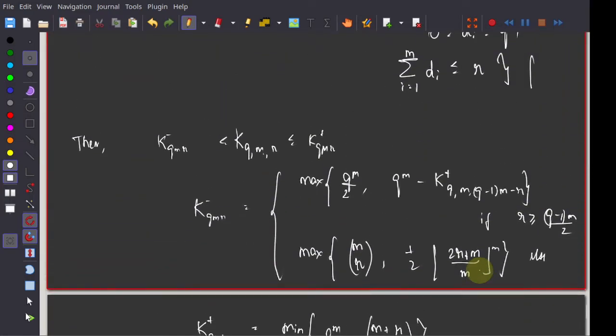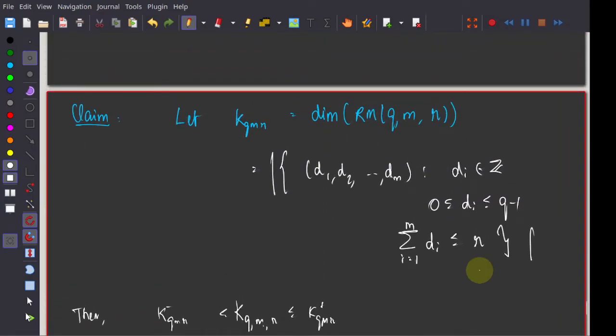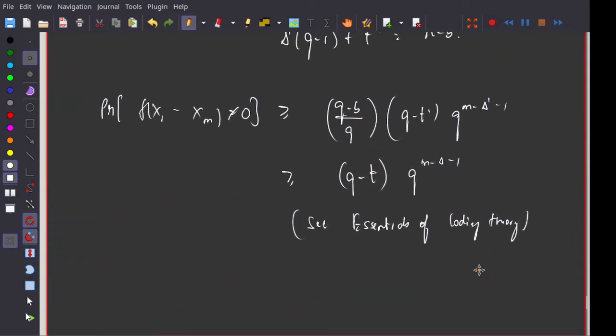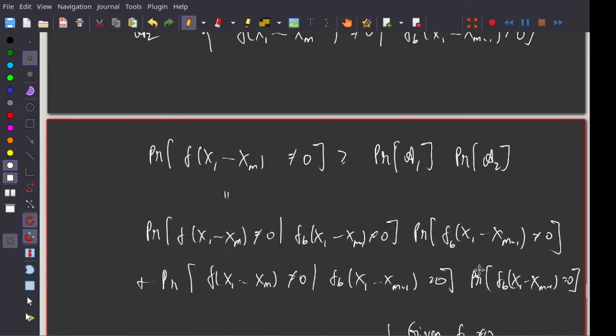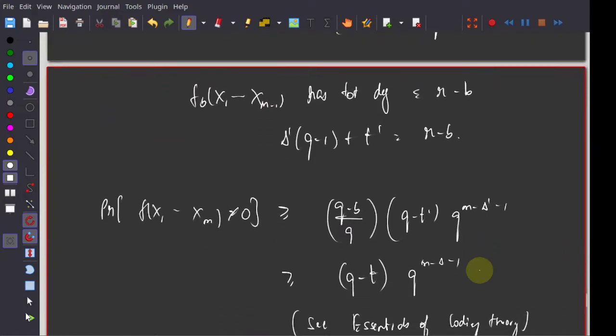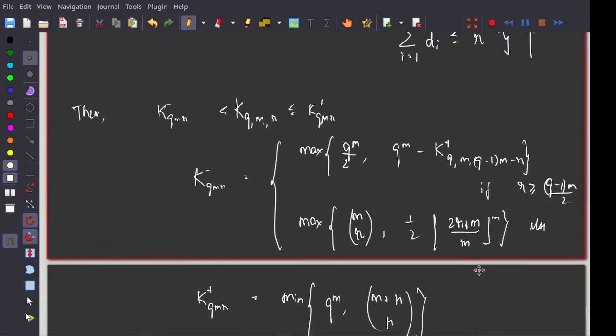Okay, now that's fine. What about the dimension? Can we give some guarantees about the dimension? So we know that the dimension is at least k minus q m r.